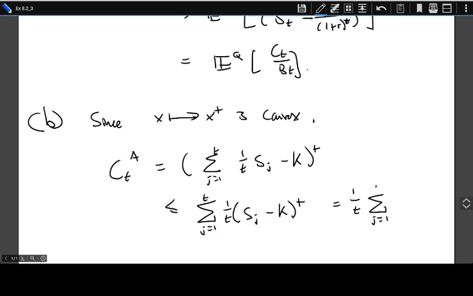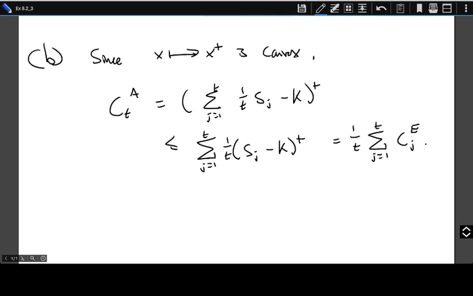You could use Jensen for that, but Jensen is even stronger than is necessary, which is equal to just the sum over now C_j^E.